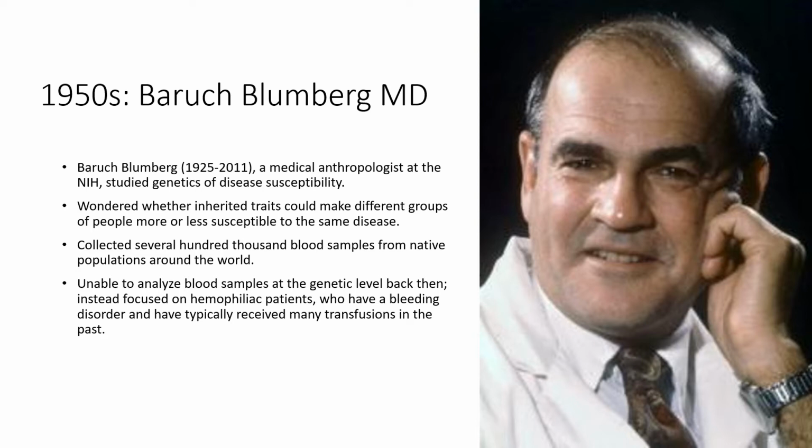But back then they didn't have the tools to analyze blood samples at the genetic level. So instead, what he decided to do was focus on a particular group of patients who had a disease called hemophilia. Now, patients who have hemophilia have a clotting disorder. They bleed frequently, and therefore they often need transfusions.